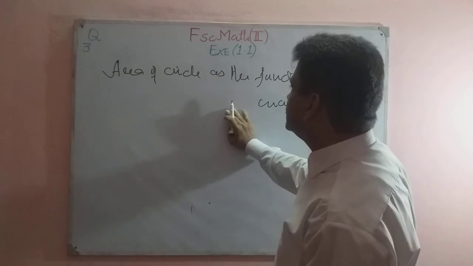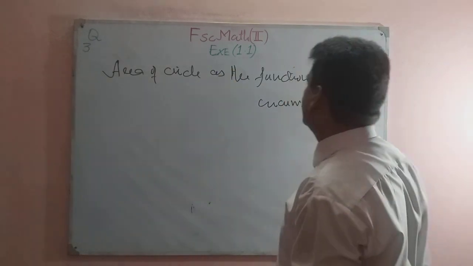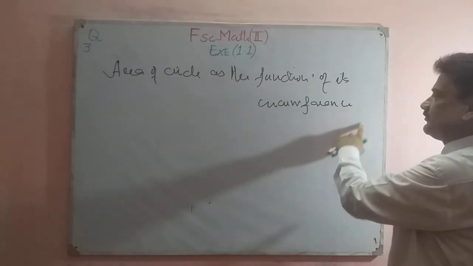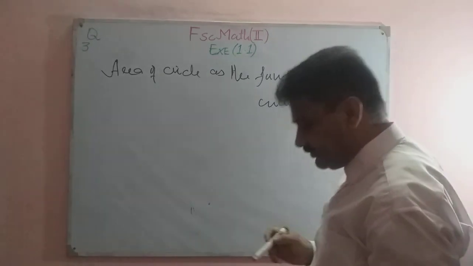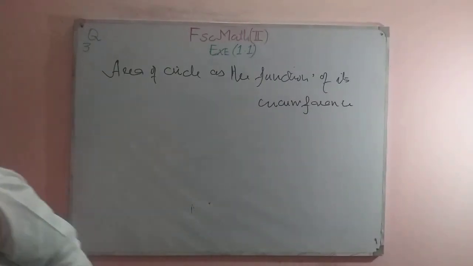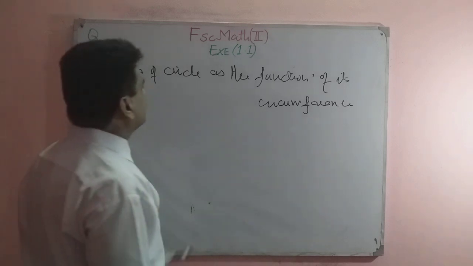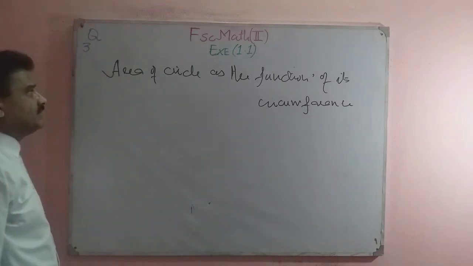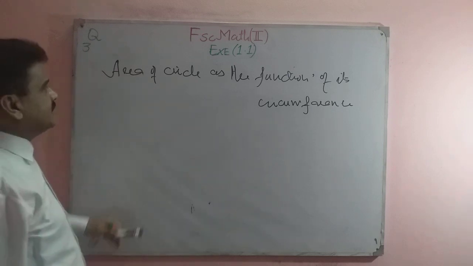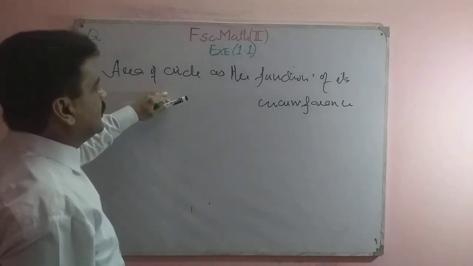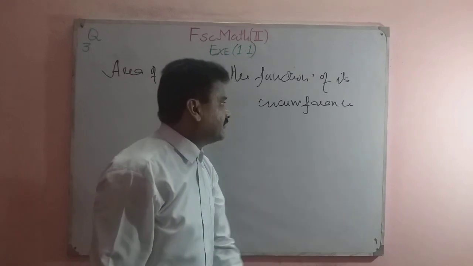Area of a circle as a function of its circumference. We consider a circle having radius r. The problem is this: we have to show that the area of a circle is a function of its circumference.